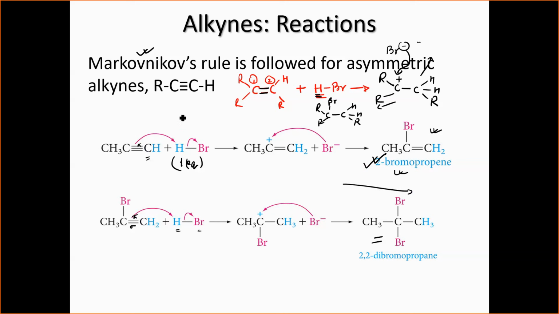That means we have only one equivalent. Remember that in the alkyne, there are 2 pi bonds and 1 sigma bond. The sigma bond does not undergo chemical reaction, whereas the pi bonds do. So the compound has 2 equivalents of pi bond, and it can consume 2 equivalents of HBr.